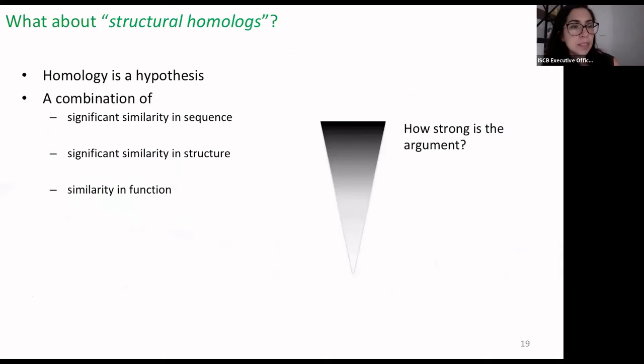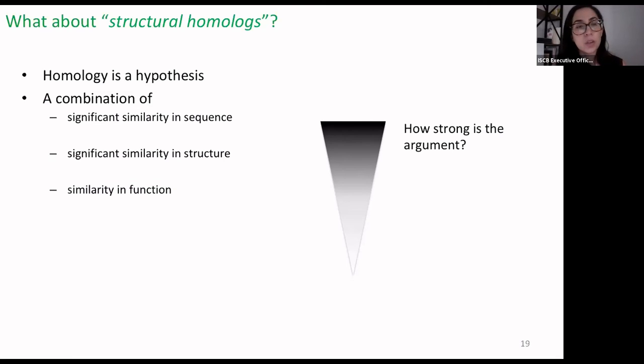What this means is that every time you use a protein structure, you also need to know the similarity in sequence or the similarity in function to make the hypothesis of homology.